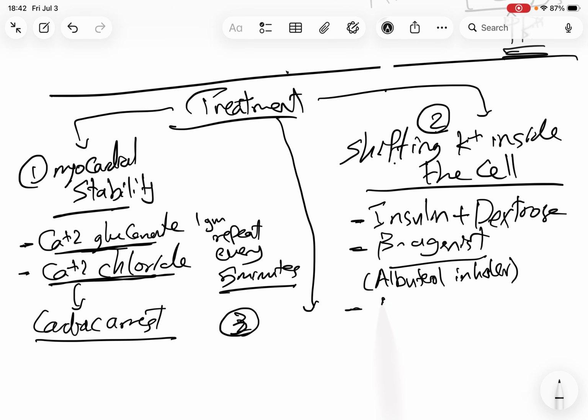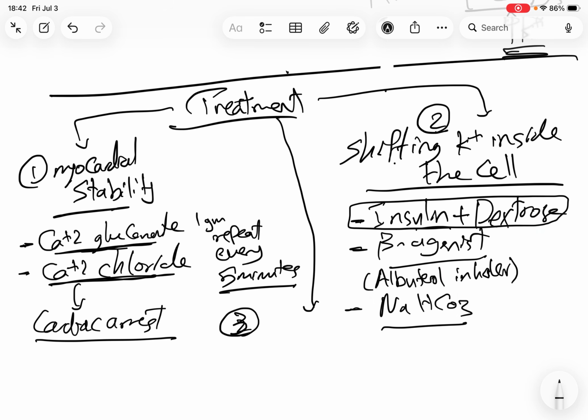And the last one is sodium bicarb. There is no strong evidence of giving beta agonist or sodium bicarb to decrease potassium level. Theoretically, physiologically, it should work, but there is no strong evidence. But the one that really shifts the potassium inside the cell and works effectively is insulin.